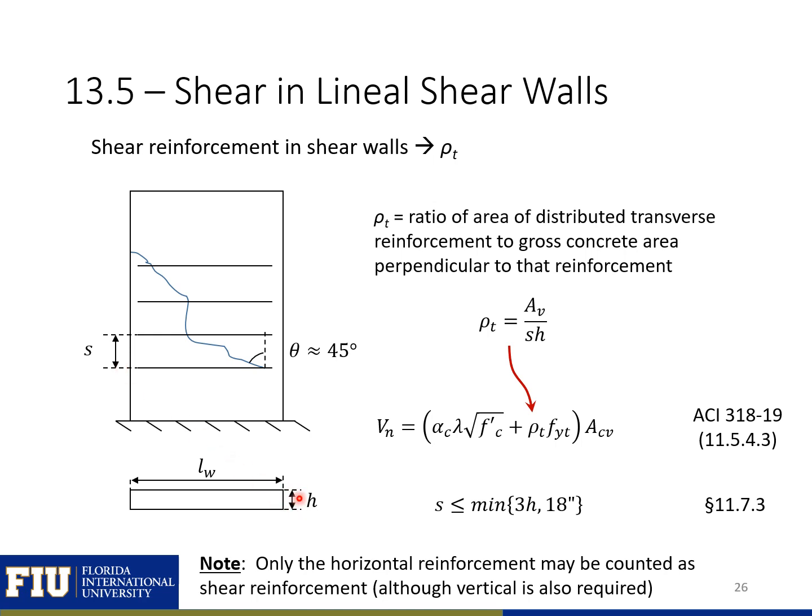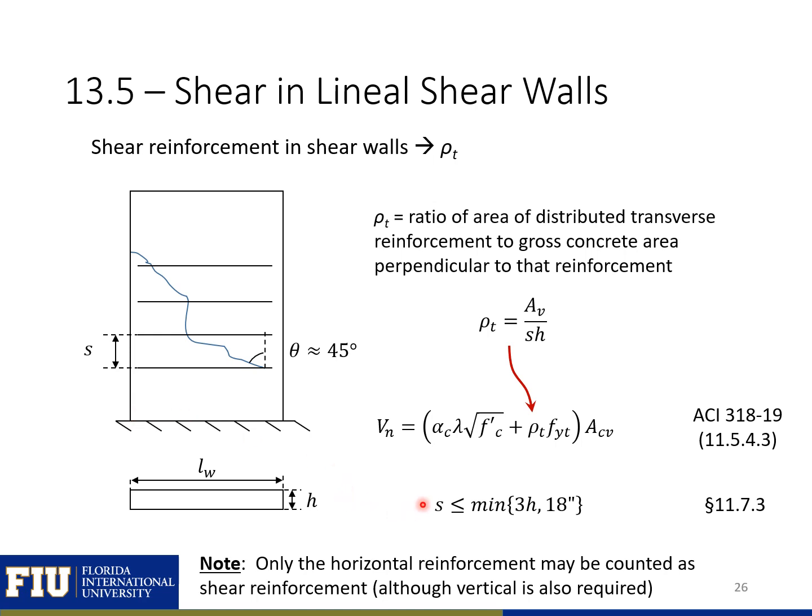So Av over s times h. And we can calculate that and plug that into our Vn equation. Note that only the horizontal reinforcement may be counted as your shear reinforcement. So you also have vertical reinforcement, and the vertical reinforcement is your primary longitudinal reinforcement, but that doesn't count here for your shear reinforcement.